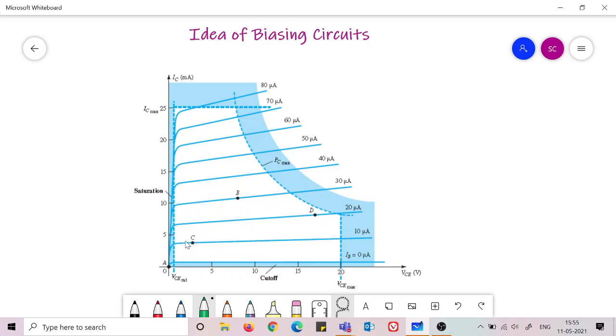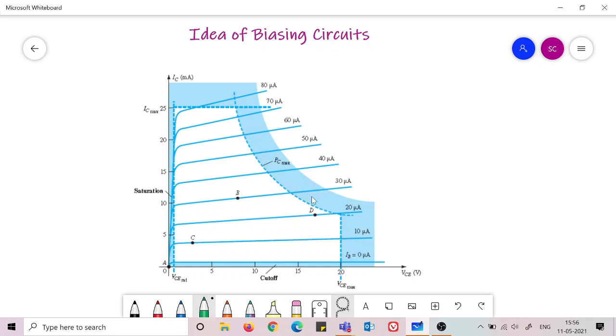This point C is very near to saturation, so we don't use it. It is also very near to cutoff, so we don't use it. This point D is quite far from saturation and cutoff, but it is very close to a region where we go to the maximum power. There is a maximum power curve. The maximum power is given by the manufacturer, and the maximum operating current is given.